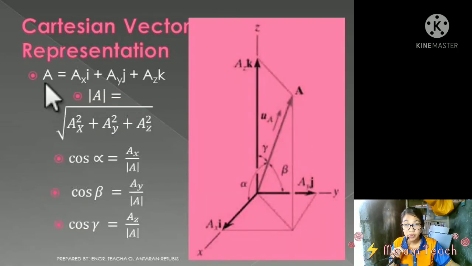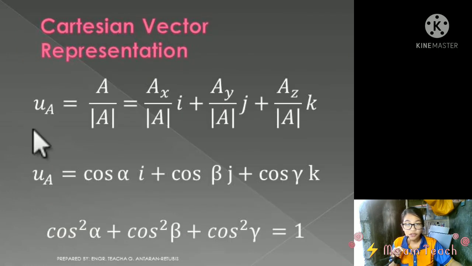You will divide this whole expression by the value of your magnitude. Take note, class, that magnitude is just a number. So if your A is AXi plus AYj plus AZk, you divide them by your magnitude.